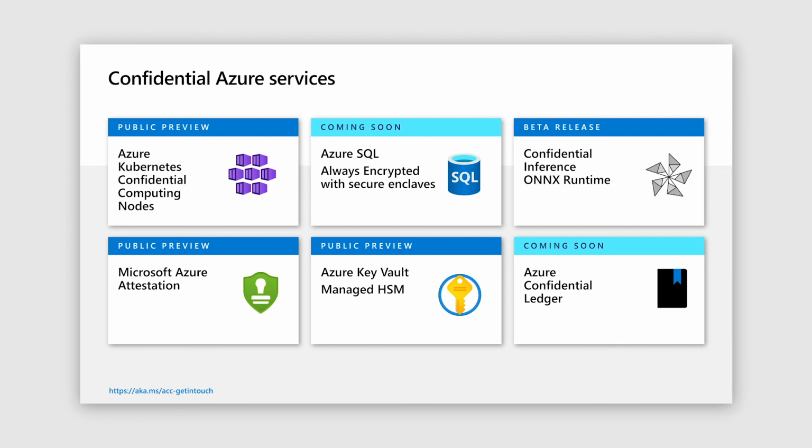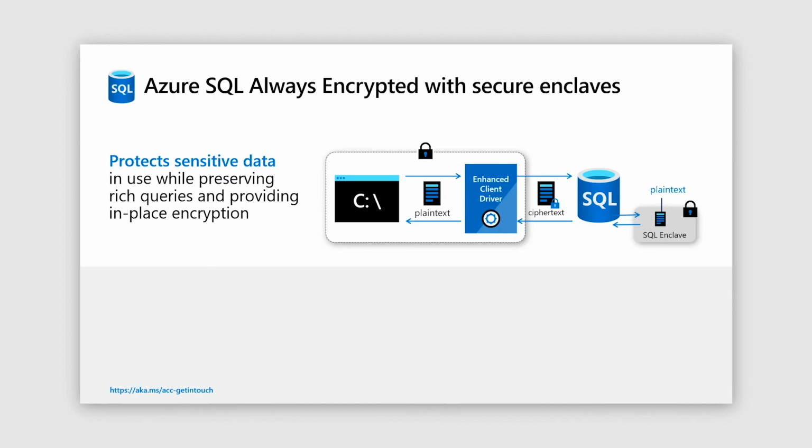So first, we want to talk about Azure SQL. Data by itself is super sensitive, and Azure SQL is where you would store the data. So what we've done is we've been working very closely with the Azure SQL team and come up with Azure SQL Always Encrypted with secure enclaves, which will now help you protect that sensitive data in use while preserving the rich capabilities that you're already used to.